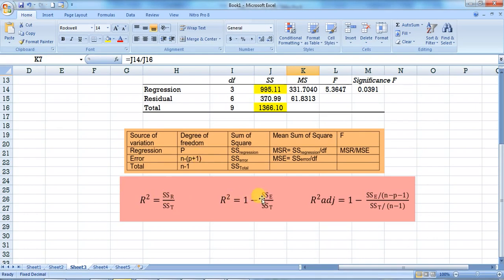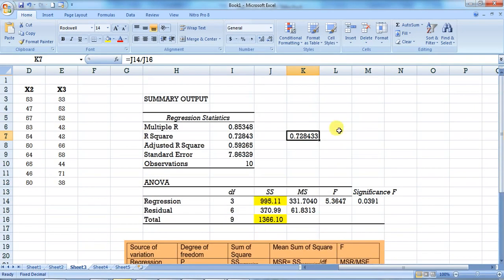So we get the regression sum of square. In the same way we can calculate it as 1 minus, now we are using this term 370 divided by 1366. Both are the same.